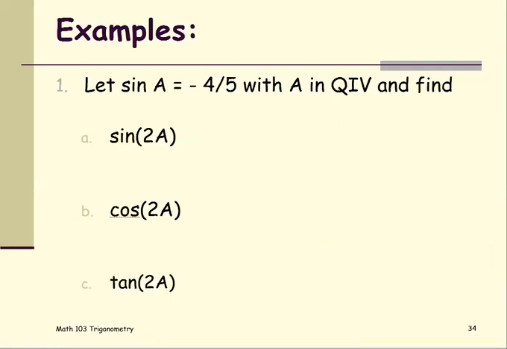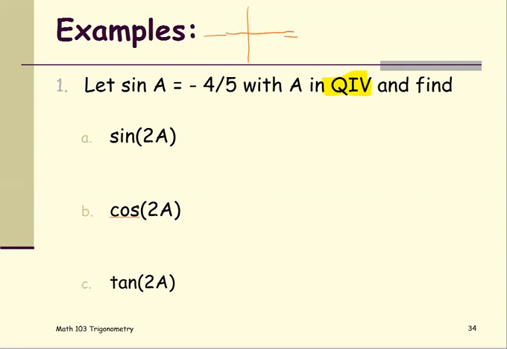The first example: let sine a be negative 4 over 5, with a in the fourth quadrant. We are going to find the sine of the double angle, the cosine of the double angle, and the tangent of the double angle. Since a is in the fourth quadrant, let's draw the xy plane.